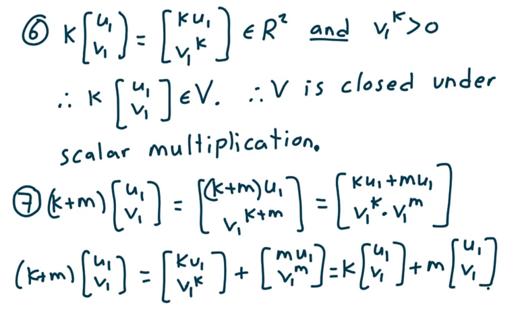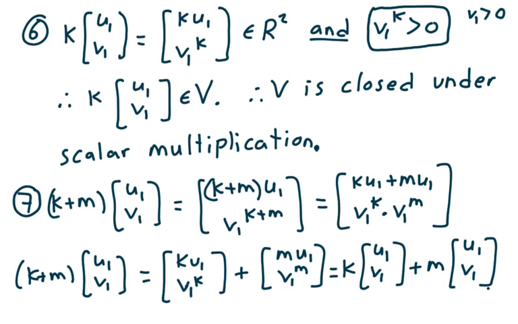Do we understand why this component is positive? The reason is that we already know that v1 is positive. So when I take v1 to any power, that will always be positive. And so we can say that k times the column vector u1, v1 belongs to V, and therefore we can say V is closed under scalar multiplication.